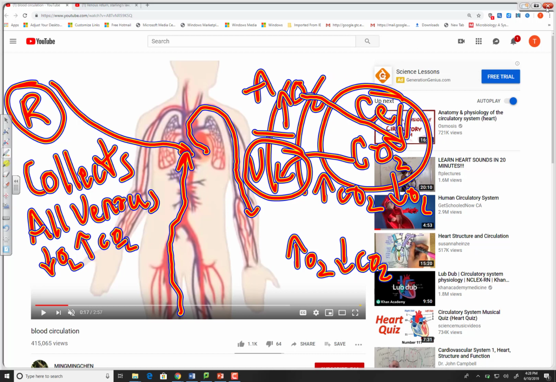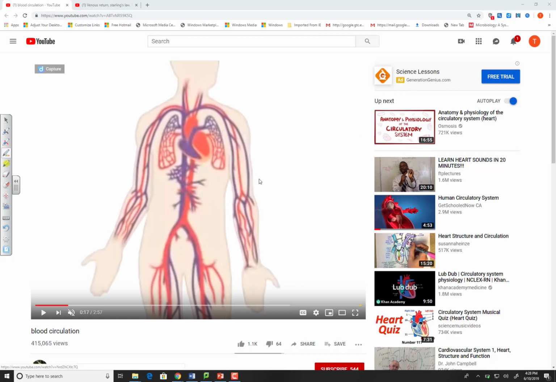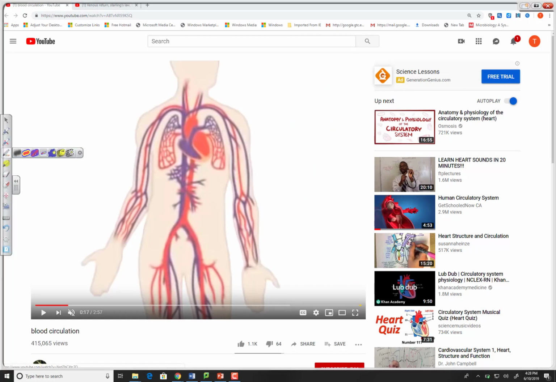Now, if you look, and if you watch the circulation of blood through the heart, you should have learned a couple of things. Number one, that the right and left side of the heart pump exactly the same amount of blood. And that's because, again, all the veins of the body dump their venous blood into the right side of the heart.